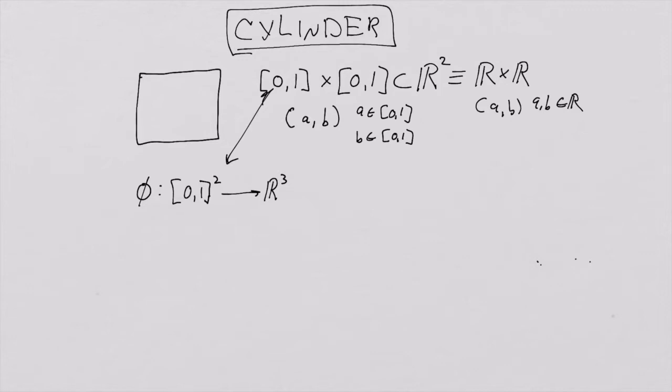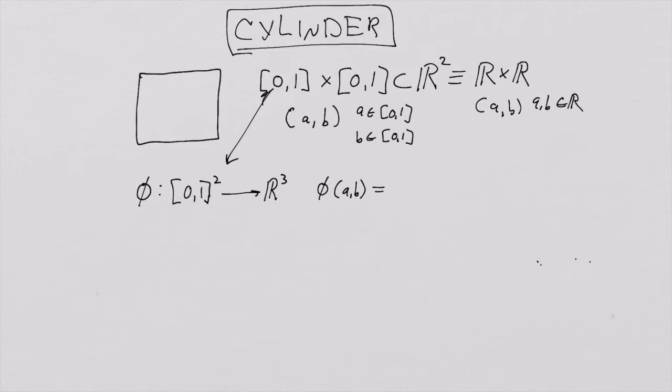The way this works is, since this object is a set of ordered pairs, we can view phi as a function that takes two numbers, a and b, and gives you a point. Since this is a point in the square, this has to be a point in R3.